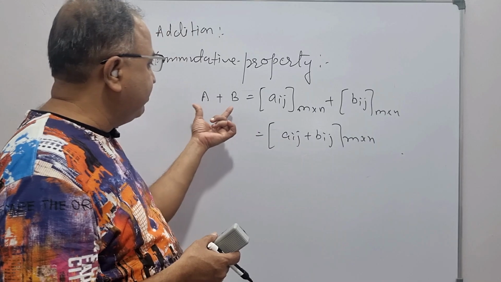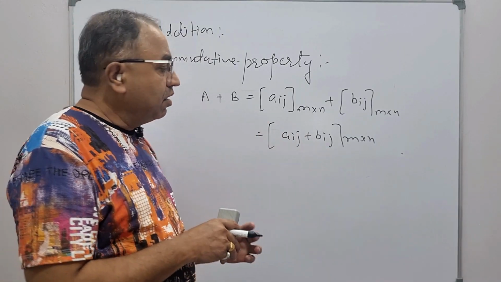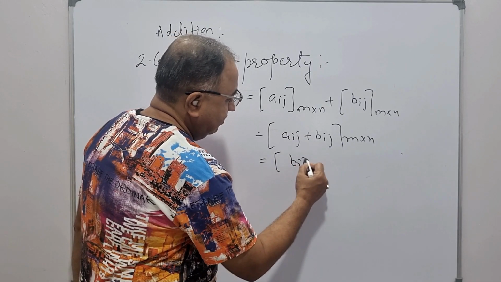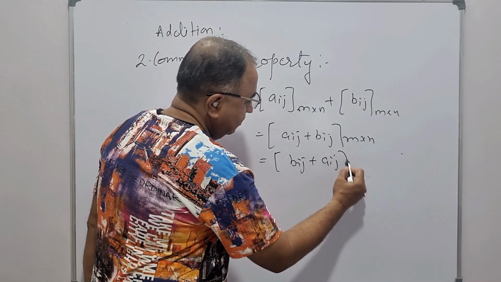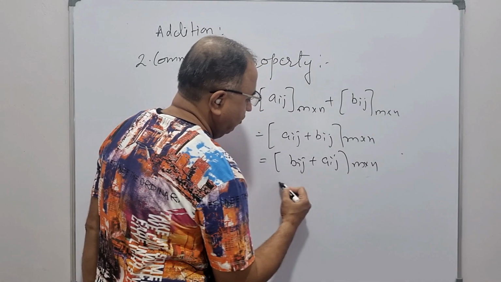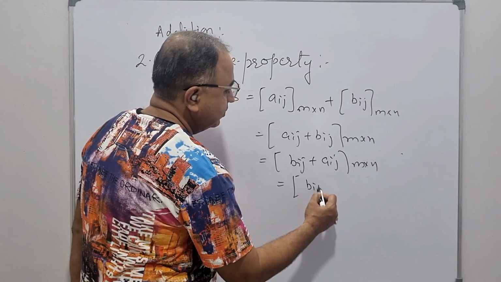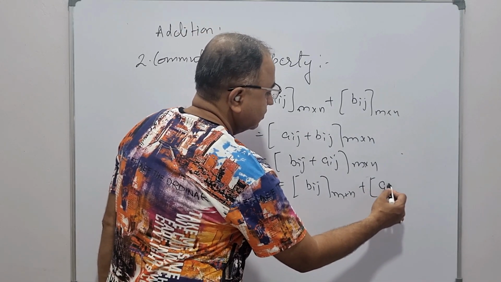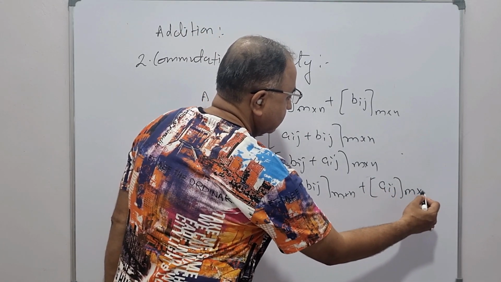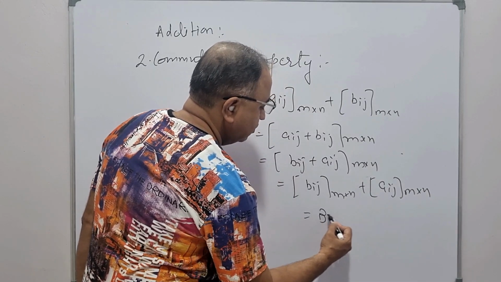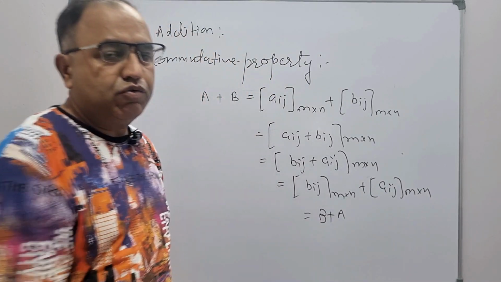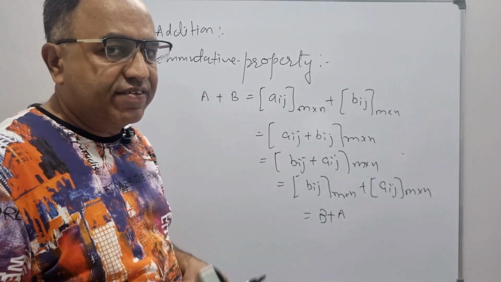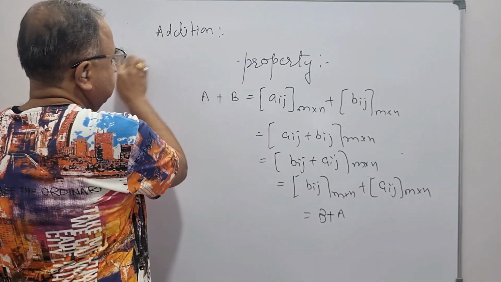So, for example, if you add these two matrices, it's a resulting matrix. But as the entries are real numbers, we know that this can be written as the same as, and now we can again separate it. It is equal to B plus A. So whenever you add two matrices, order doesn't matter. That means addition satisfies the commutative property.